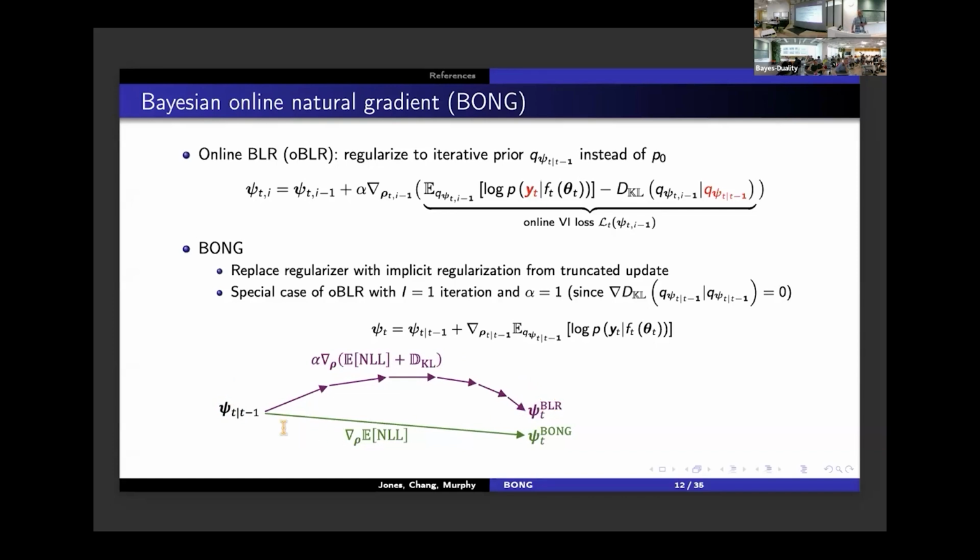What BONG does is it starts from the same prior and it does a single update and calls it done. That single update differs from the BLR update in 2 ways. One, it doesn't have the KL divergence term. So each one of these purple arrows here is not just improving on the fit to the current observation, the expected negative log likelihood, but it's also being pulled back towards psi t minus 1 because of this KL divergence term.